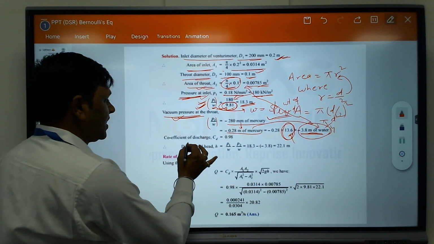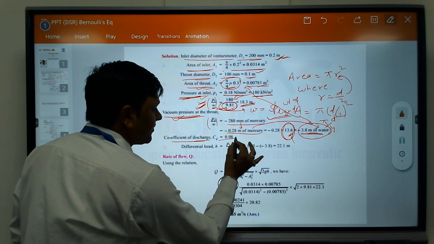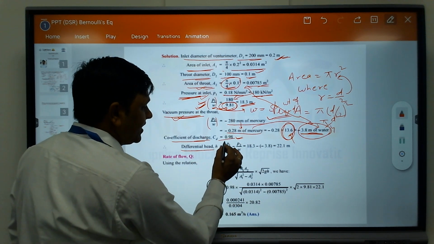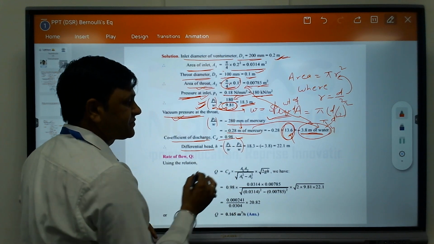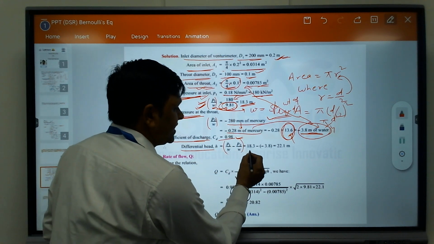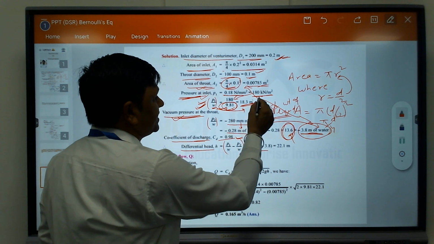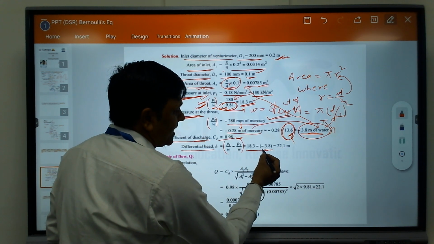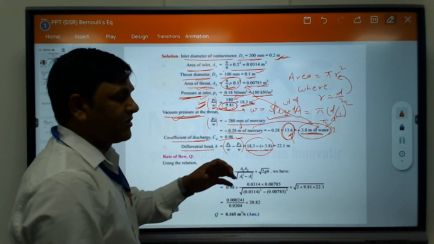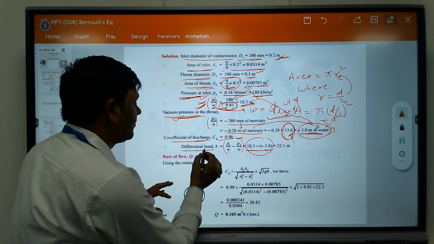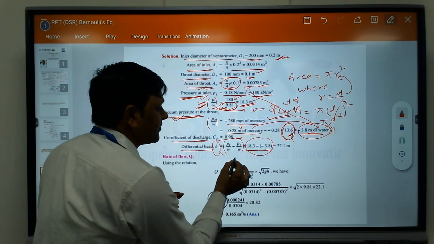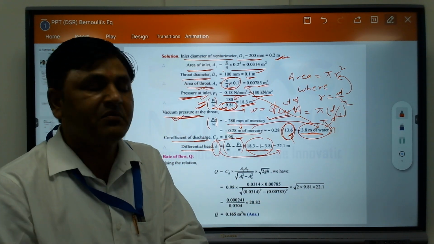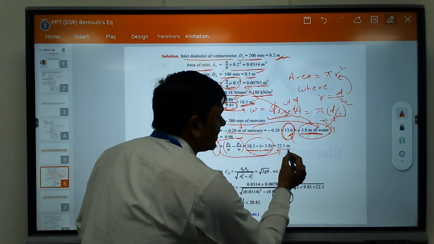Okay, now the coefficient of discharge is also given as 0.98. Differential head: P1 over W minus P2 over W is equal to 18.3 minus 3.8 meter, and after calculating this we find the value of H, which is required for the calculation of flow rate in the Venturi meter, 22.1 meter.